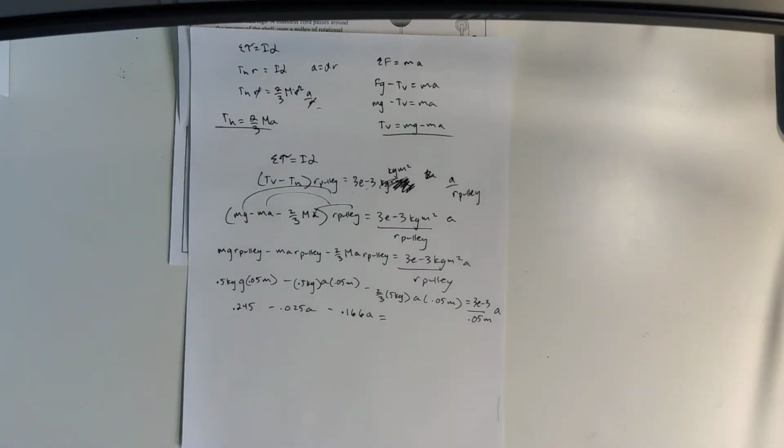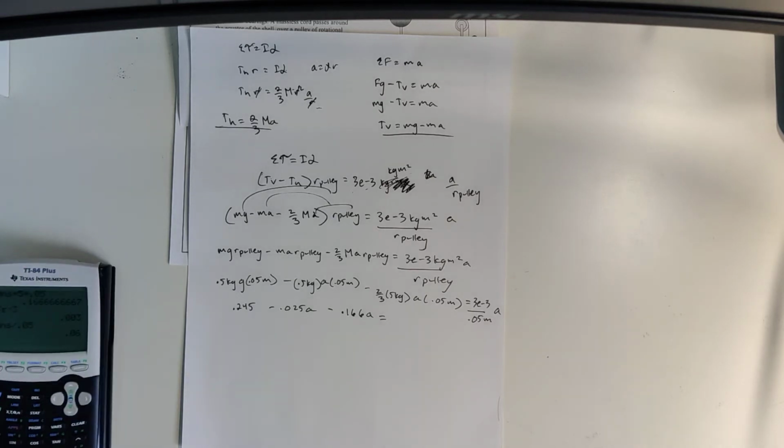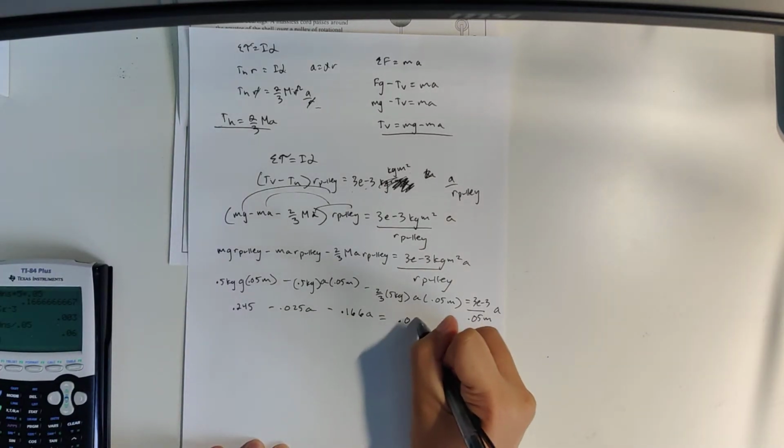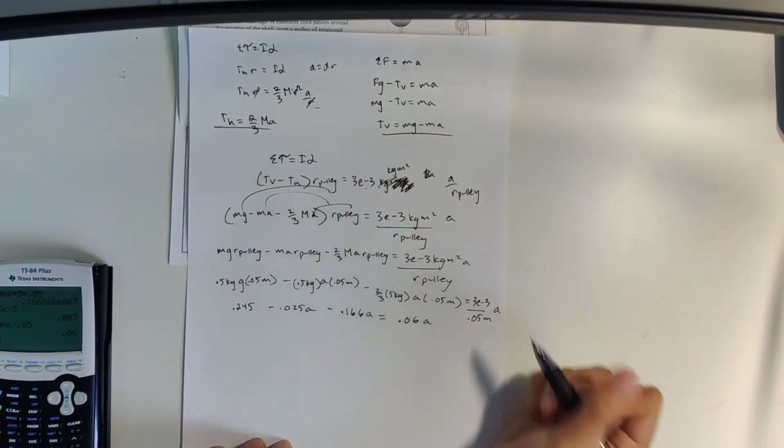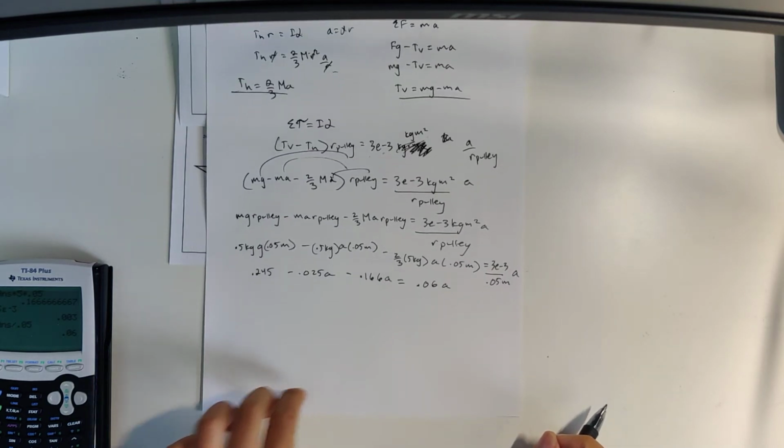That's going to equal the negative of the I value term, 0.06, and then of course your A. Then let's add all the common stuff together.